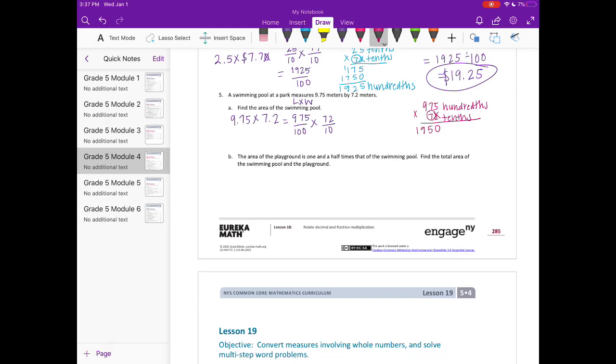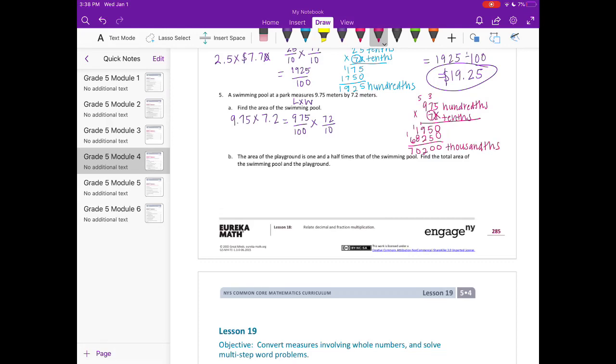Done with the 2, onto the 7, put my placeholder down. 7 times 5 is 35, carry the 3. 7 times 7 is 49, plus 3 is 52. 7 times 9 is 63, plus 5 is 68. Add it all together. We get 70,200. Hundredths times tenths would be thousandths.